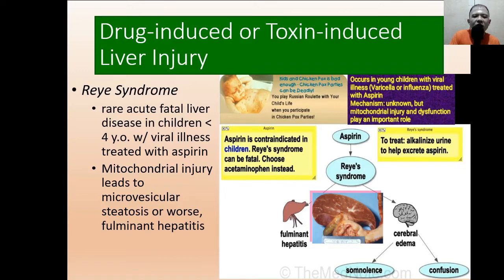However, aside from the side effect of bleeding, it also causes liver injury, causing a fatty liver or a fulminant hepatitis, even cerebral edema, causing coma in the baby. Treatment is to alkalinize the urine to excrete aspirin. So instead of aspirin, we use acetaminophen.